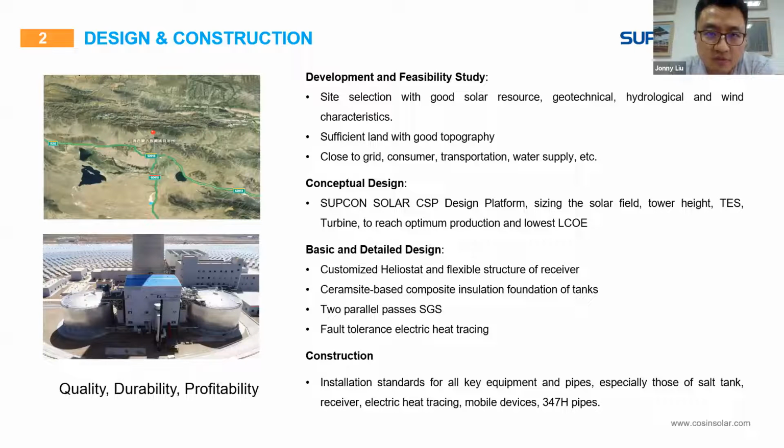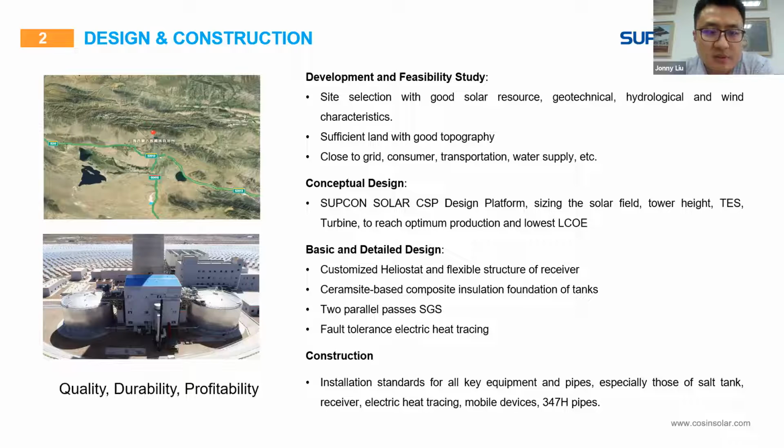This is very important to have a good place to construct the plant, and the plant also has to have sufficient land with a good topography, and be close to the grid, consumers, transportation, and water supply. It's also very helpful to have very good conditions.